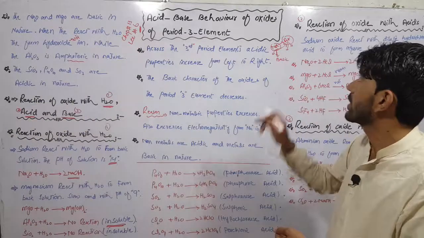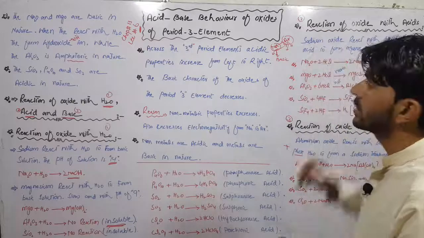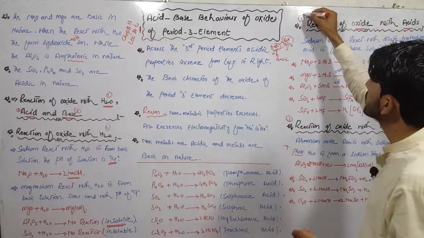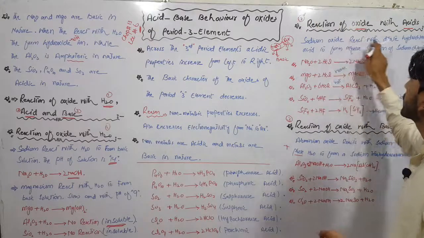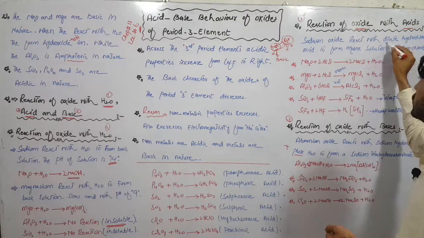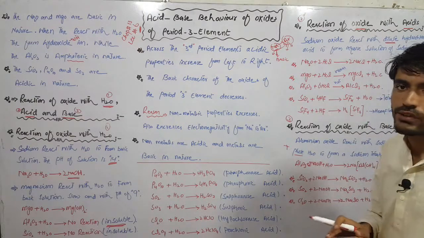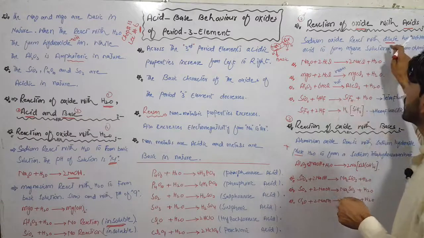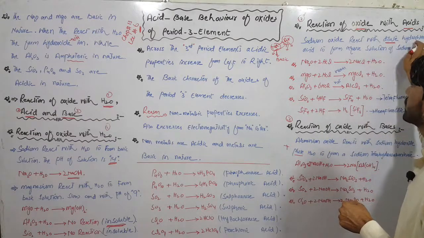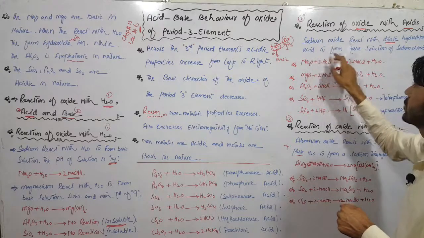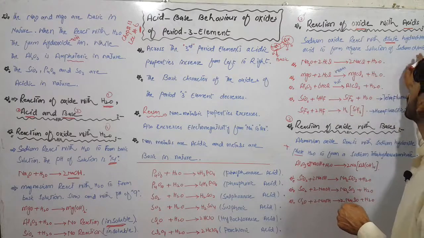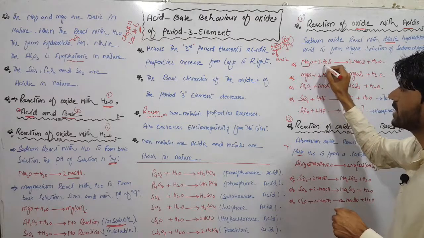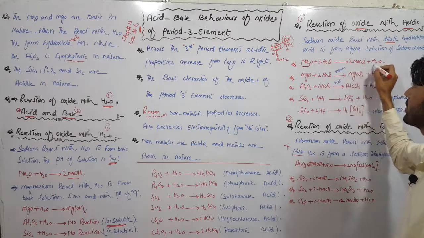Now our next point, the reaction of the oxide with acid. Sodium oxide reacts with dilute hydrochloric acid, where water is present in the dilute acid, to form an aqueous solution of sodium chloride plus water.